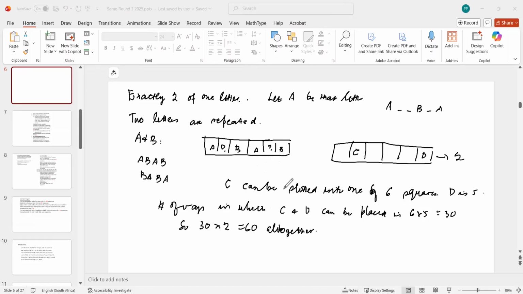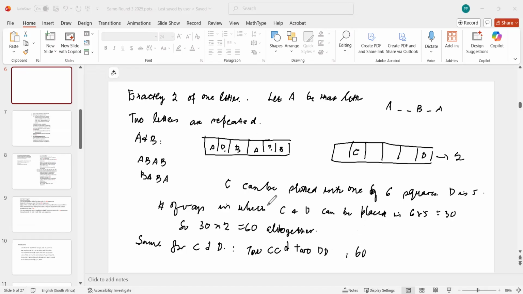Okay, now if you take A and B, now let's take C and D. The same for C and D. The same arguments, because then you could have 2 C's, 2 D's, just like we had 2 A's and 2 B's, and there we got 60.